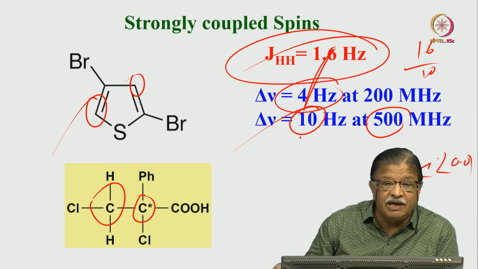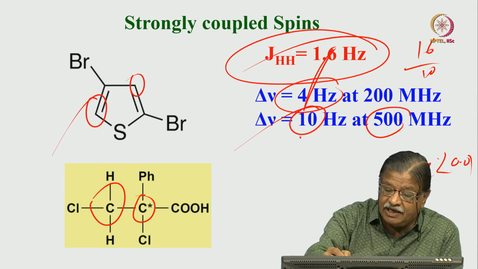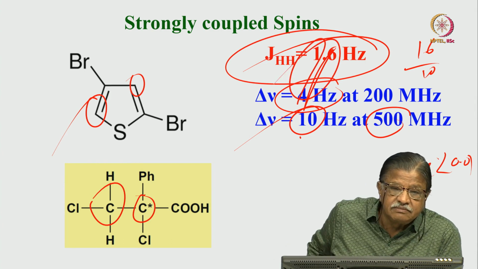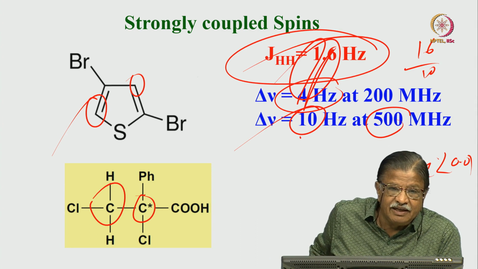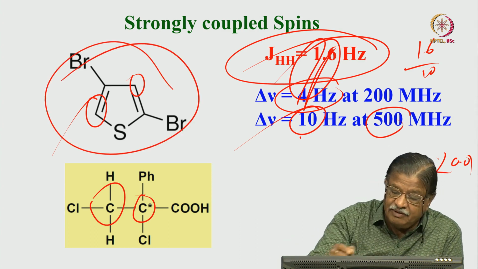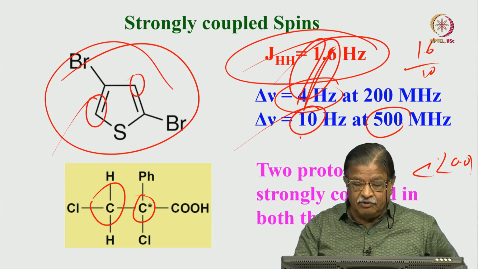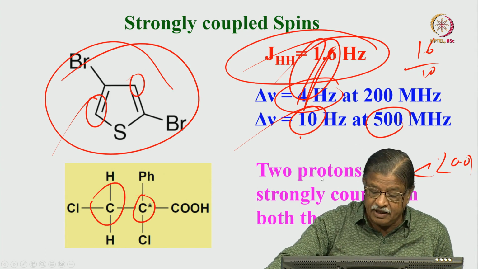It is a very large value. J coupling and chemical shift separation are almost comparable. That is why they are strongly coupled. Even at 500 megahertz, these two protons are strongly coupled in both molecules.